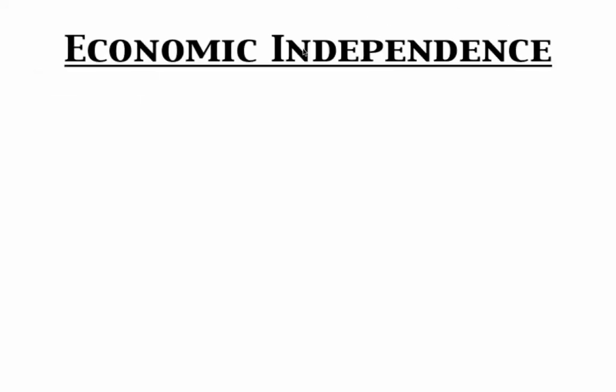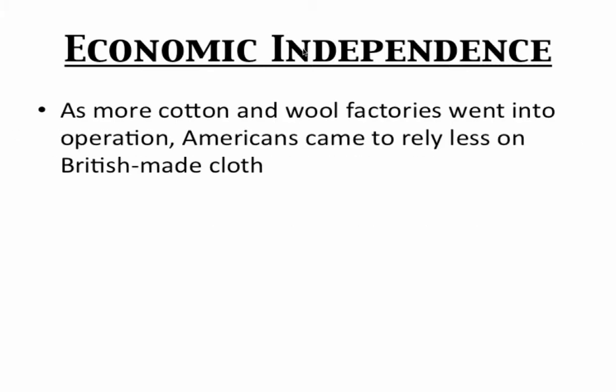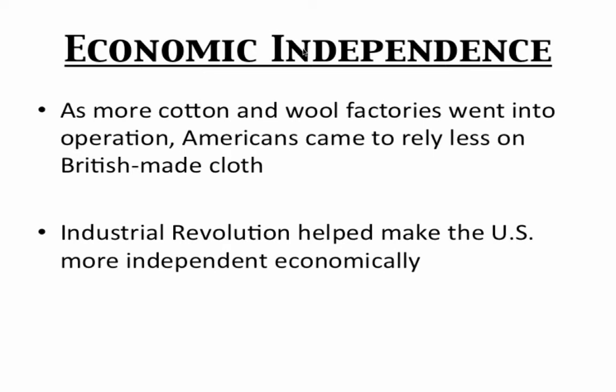So what does all of this mean? Really, it means that the United States is able to become more independent economically. We can support ourselves due to the increase in technology. As more cotton and wool factories went into operation, we became less reliant upon British-made clothing.